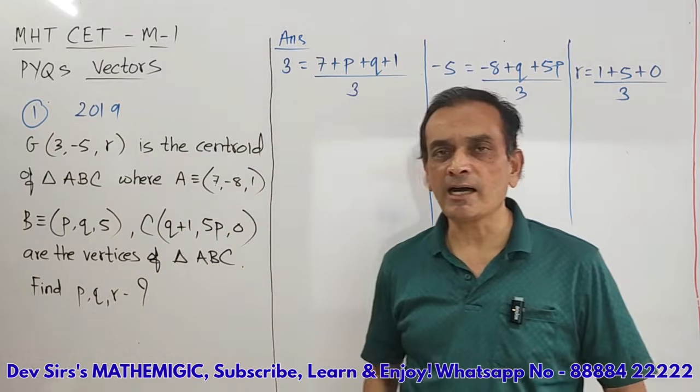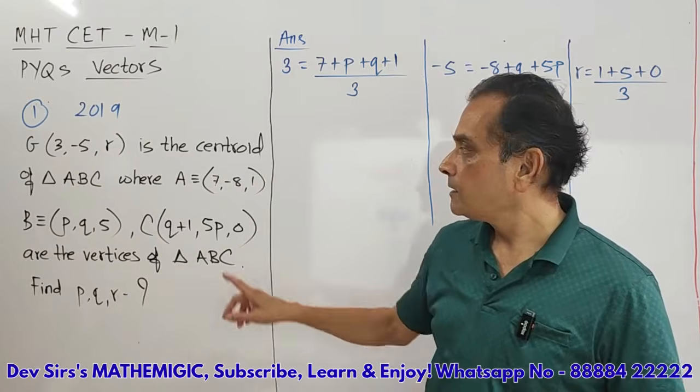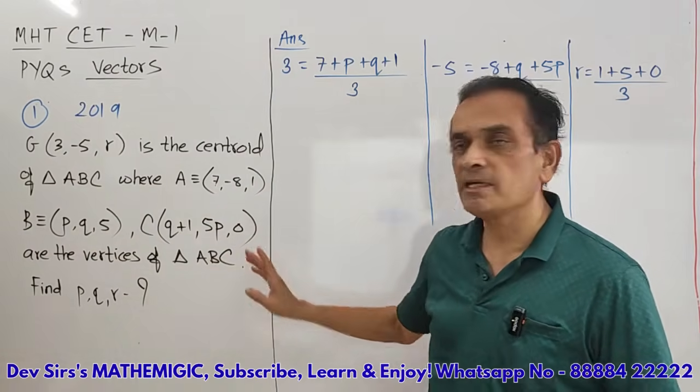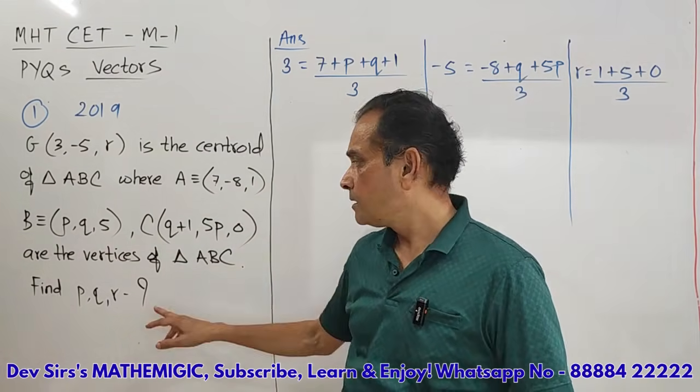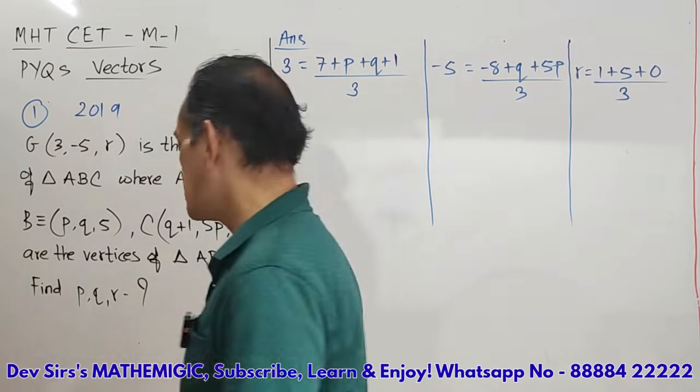G(3, -5, R) is the centroid of triangle ABC, where the vertices A, B, C are given. Find the values of P, Q, R. So let us see the meaning.